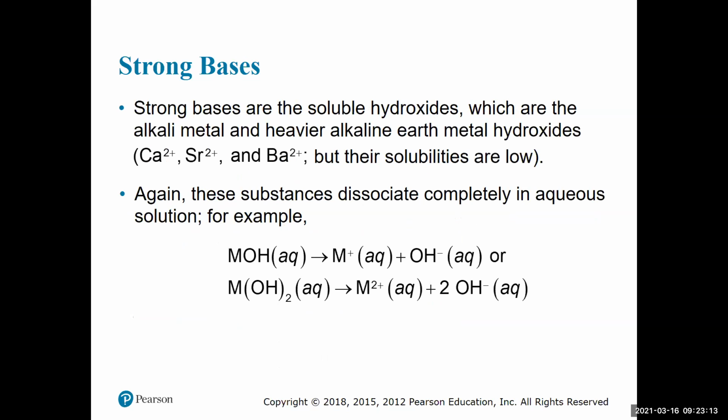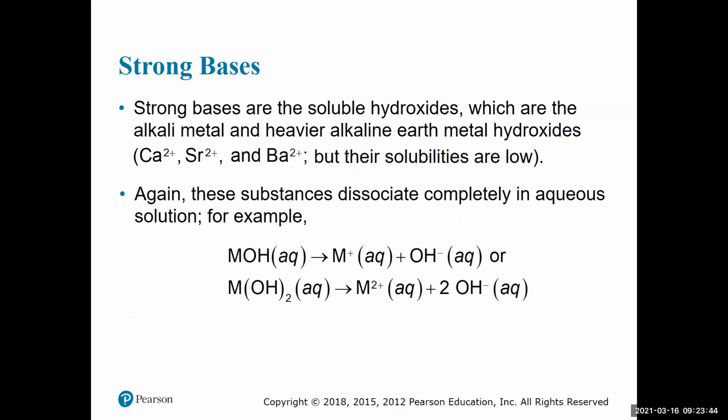We have similar thinking about strong bases. So the soluble hydroxides are almost all strong bases. So things like sodium hydroxide, potassium hydroxide, things like that. Those are strong bases. So just as we said, the acids dissociate to where you wind up with hydrogen ions and then whatever the associated anion is. It's a similar thought with strong bases.